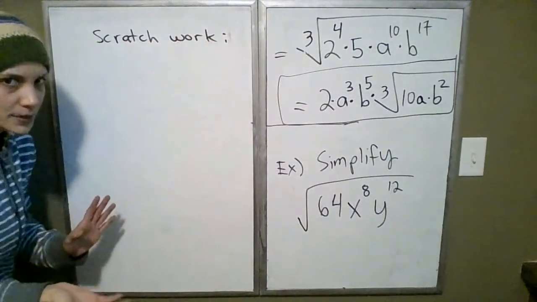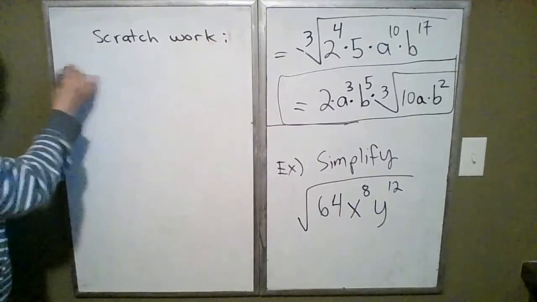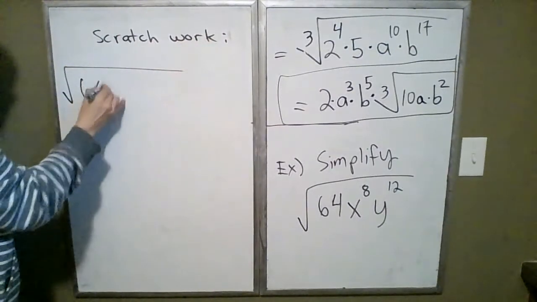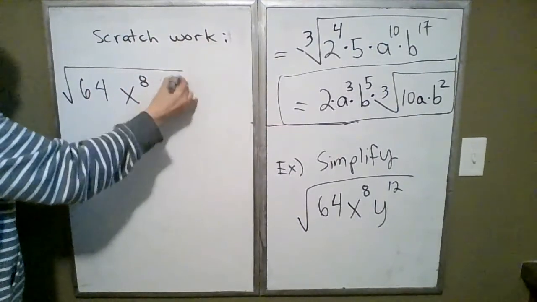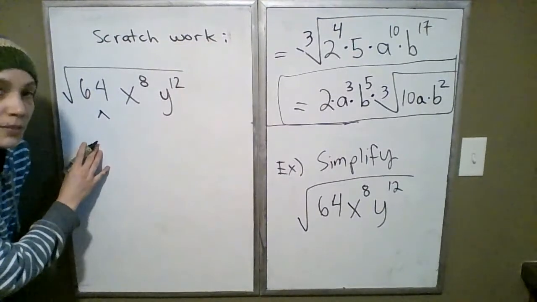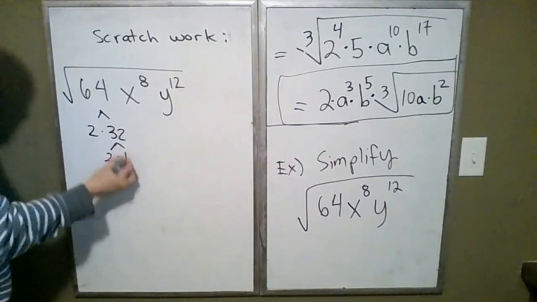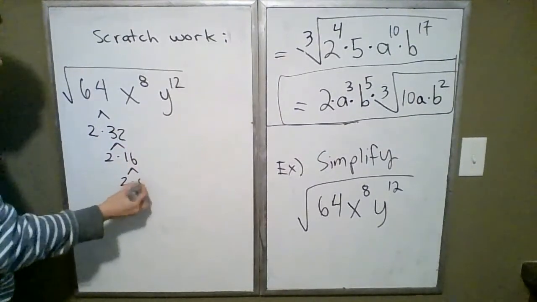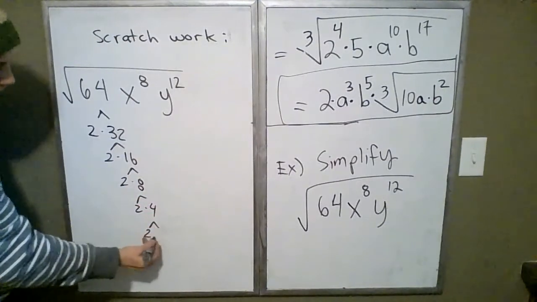So I like to just copy down the problem and start factoring the number. Okay, 64 is 2 times 32, which is 2 times 16, and that's 2 times 8, and 2 times 4, and 2 times 2.